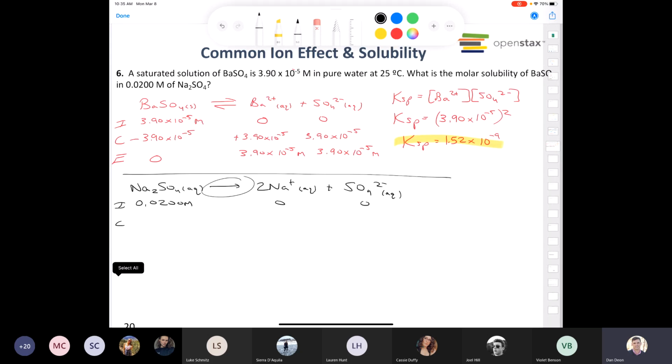Well, this is completely ionic. This is irreversible, so you're going to lose all of this. You're going to gain 2 times 0.0200, and you're going to gain 0.0200, and then at equilibrium, you have none of this. You have 0.0400 molar sodium ions and 0.0200 molar sulfate ions.